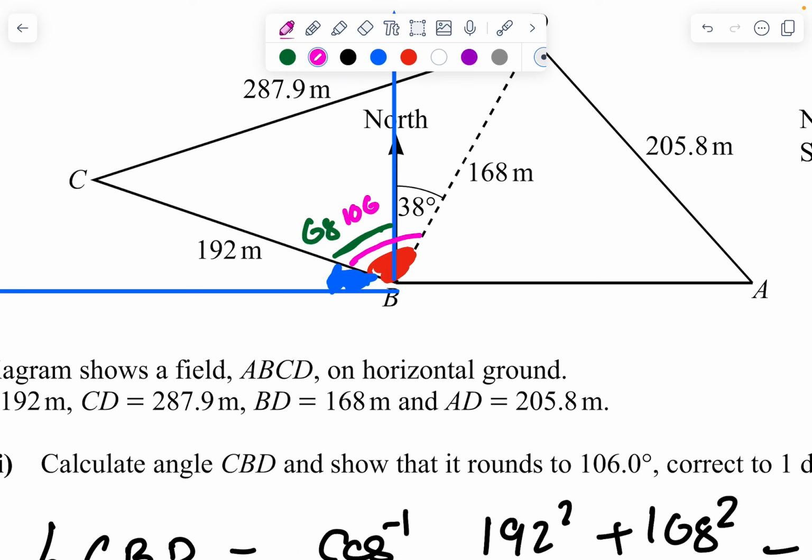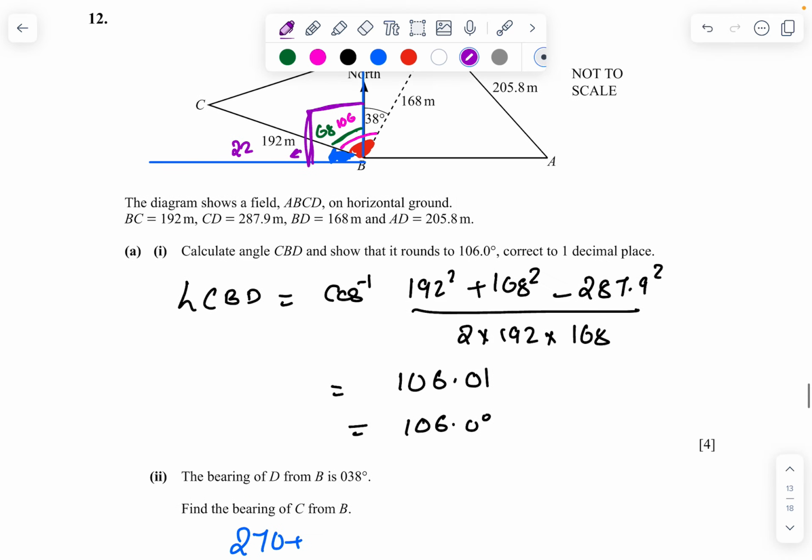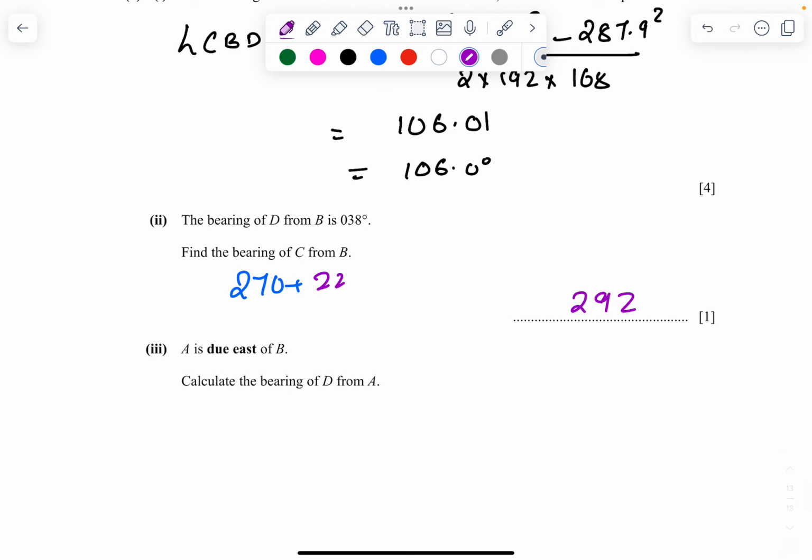But again, we know that this angle is 90 degrees. So 90 minus 68 gives me 22. This angle is 22. So it's going to be 270 plus 22, which is 292.